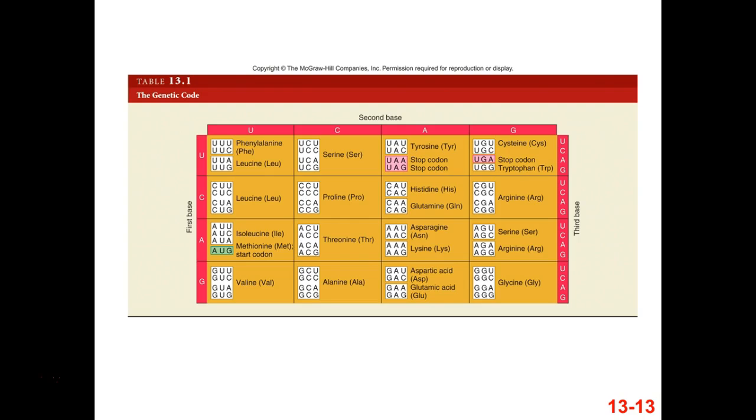Sense. These are nonsense or stop codons. And for the most part, for most organisms, there are 3 of them. When the ribosome gets to this, there's no transfer RNA, right? It's going to end translation. Excuse me, we're on to translation.